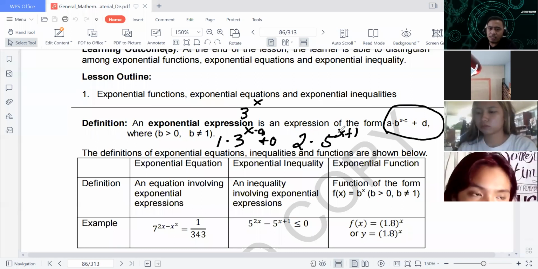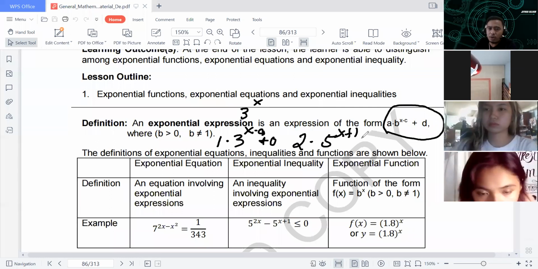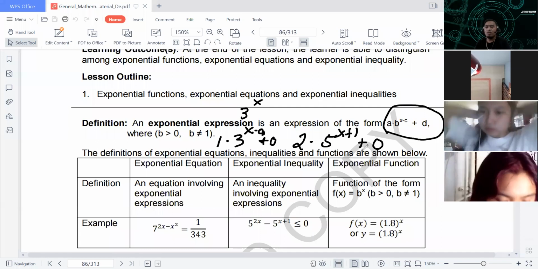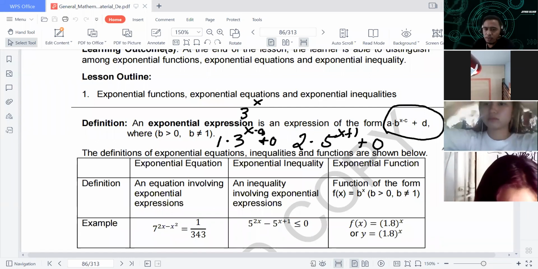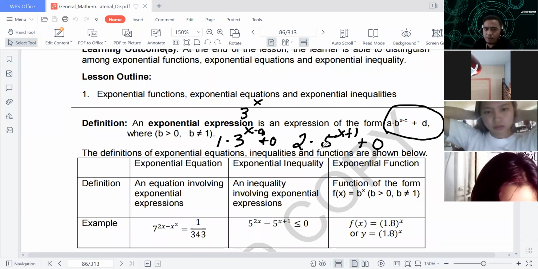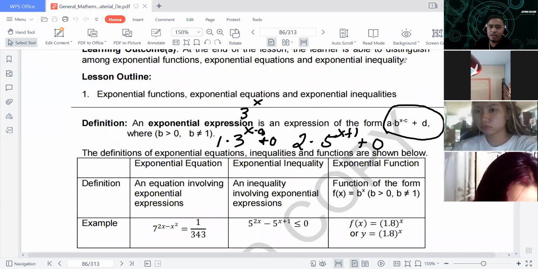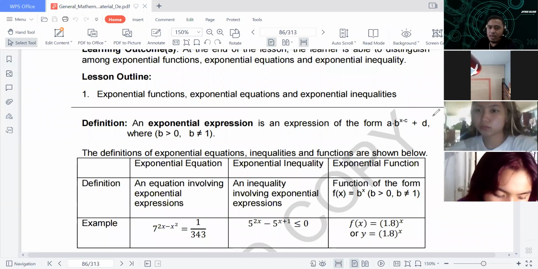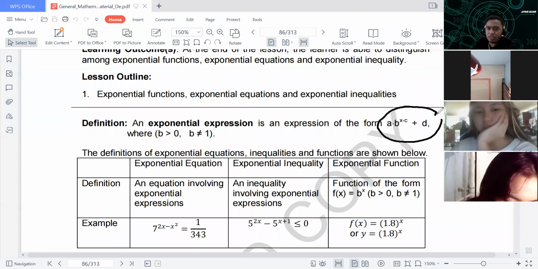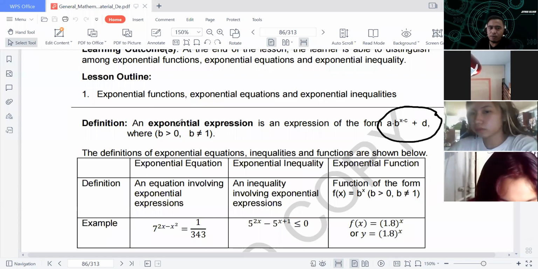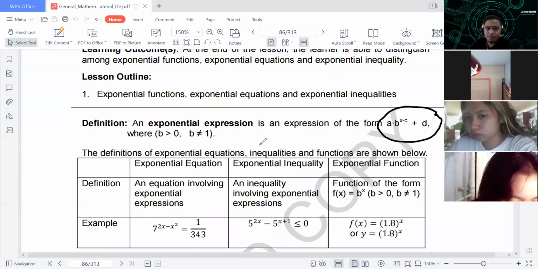As well as this one, which is also an exponential expression because it can be written as 2 times 5 to the x plus 1, plus 0. So we can assume that our A is 2, our B is 5, our C is 1, and our D is 0. Okay? Again, any expression that can be written of this form is an example of an exponential expression.